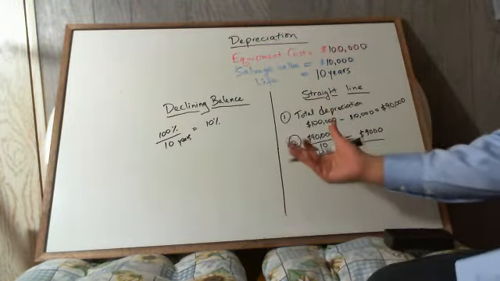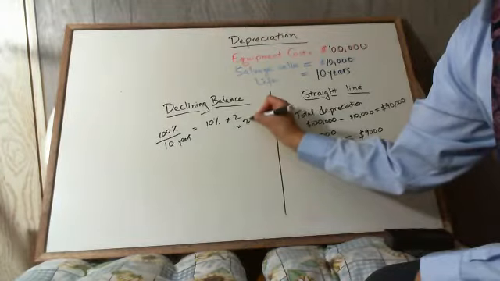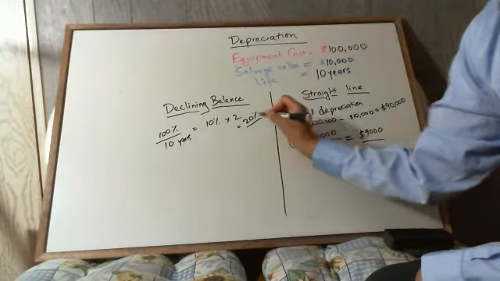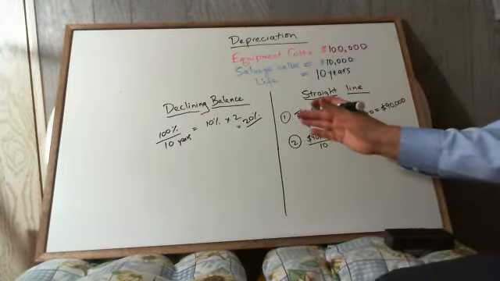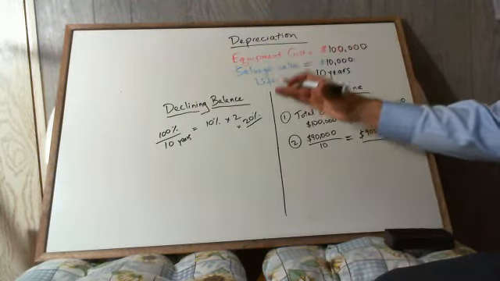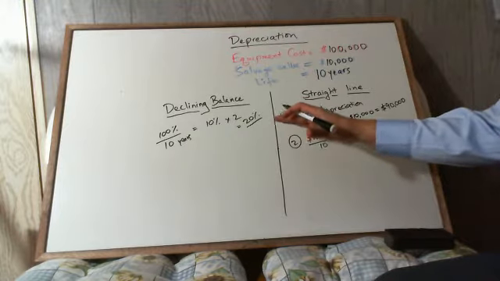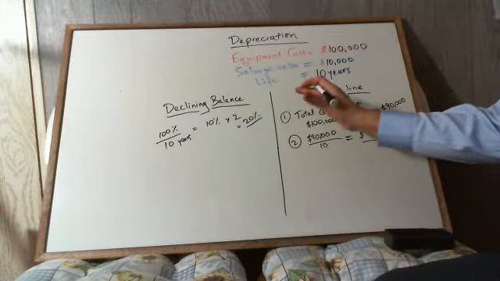This is also called double declining balance, because then we multiply it by 2, and in this case we get 20%. So 20% is the amount that we will impose as a depreciation cost for the company every year for this equipment.